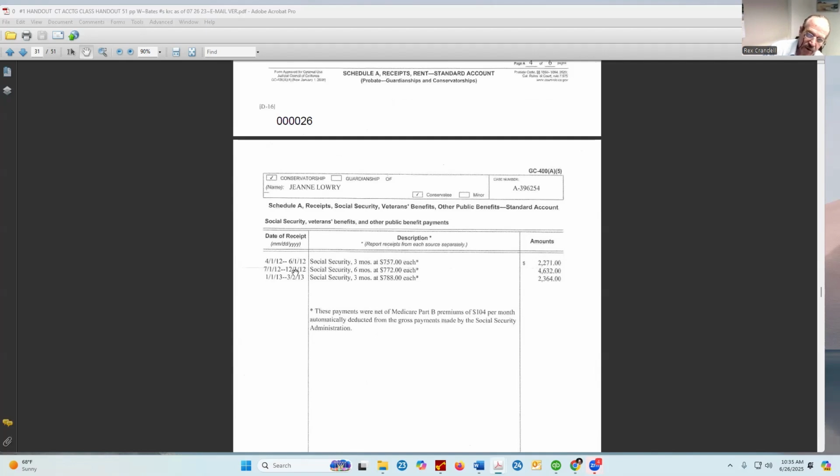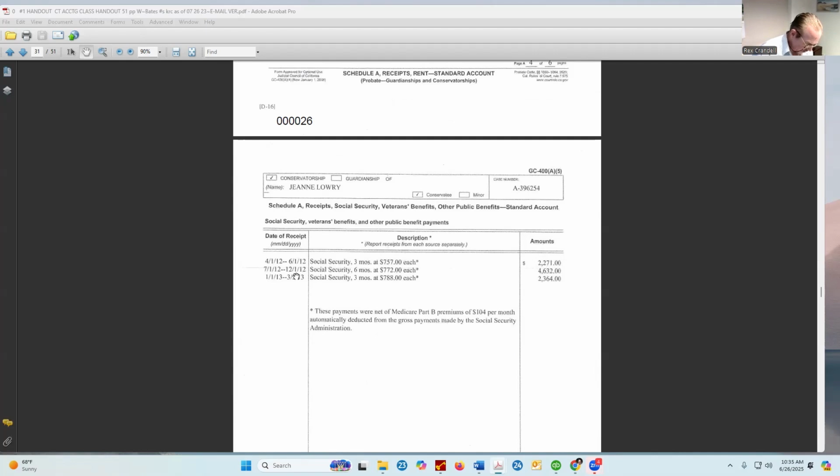It shows Social Security payments over 3 months, 1 quarter, at 2,271. Absolutely prohibited. You must list every transaction by date, not summarizing.